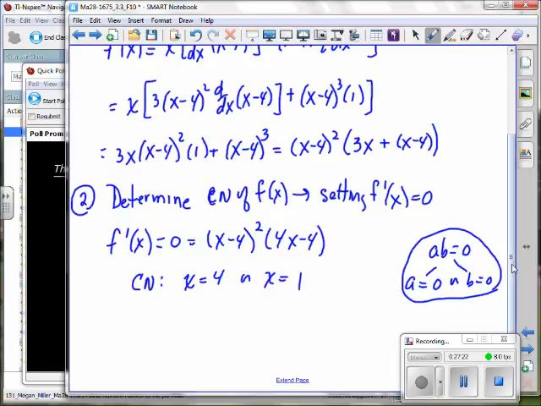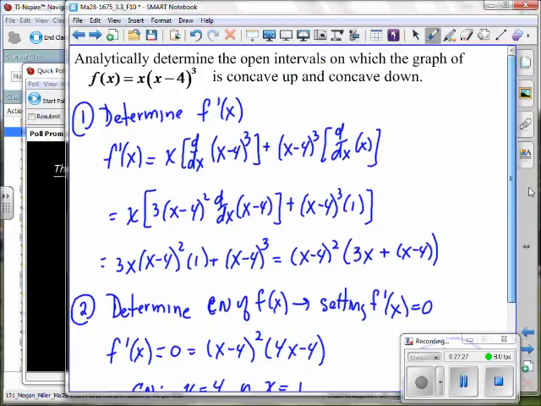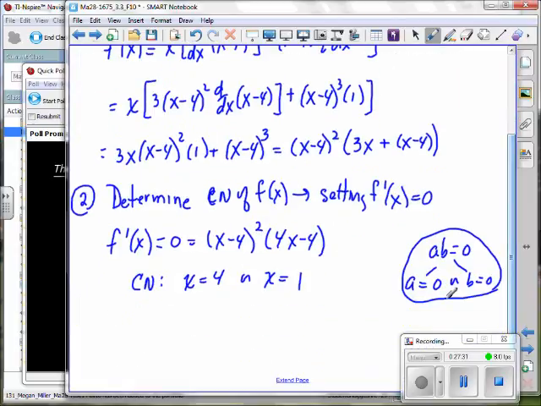Let's see. So I've taken the first derivative, and I want to find the intervals of concave up and concave down. So I best get on to doing what? Second derivative. Determine the second derivative.